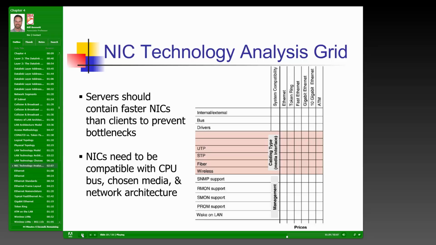And then these are management technology support methods down here. We'll talk about these in a later chapter. But does the network interface card support SNMP, RMON, SMON, PROM, and Wake on LAN? And then at the very bottom you have the pricing. So it would just be a way of analyzing different manufacturers' network interfaces and comparing them to make your final decision on purchase.